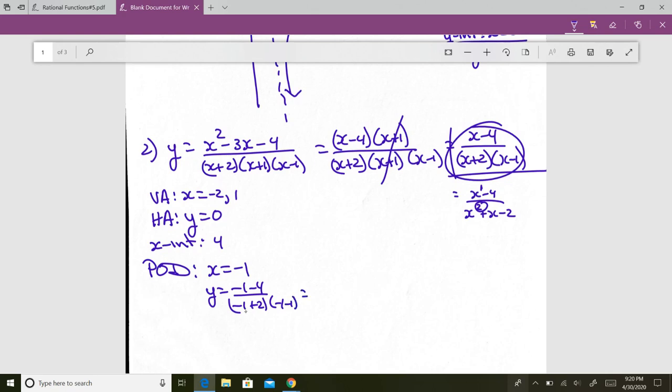So I'm going to get negative 5, negative 1 plus 2 is 1, negative 1 minus 1 is negative 2. So I'm going to get 5 over 2, or 2.5. The POD has coordinates of negative 1 and 2.5.